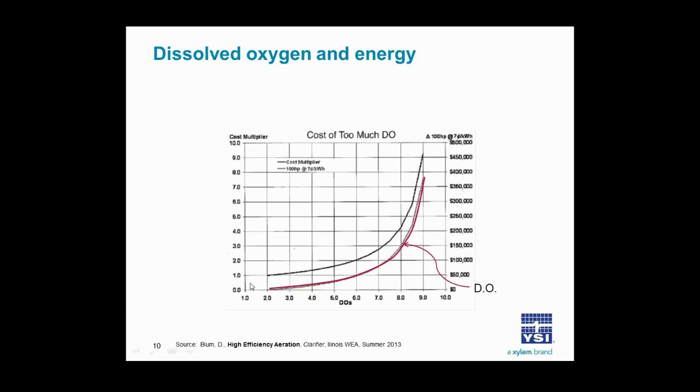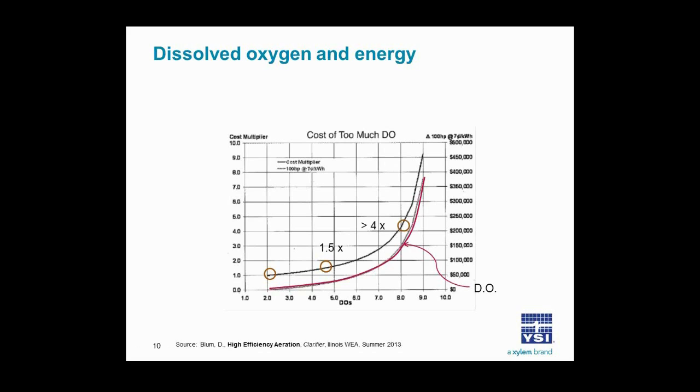So your multiplier is 1. But for instance, if we were to maintain DO at 4.5 milligram per liter instead, it would result in, relatively speaking, a 1.5 times increase in cost to provide aeration for the activated sludge process.